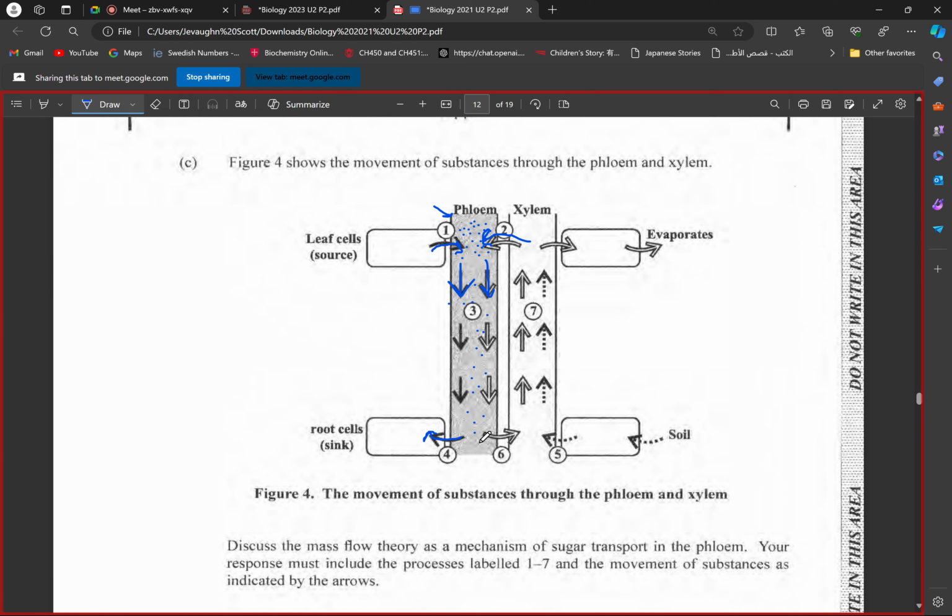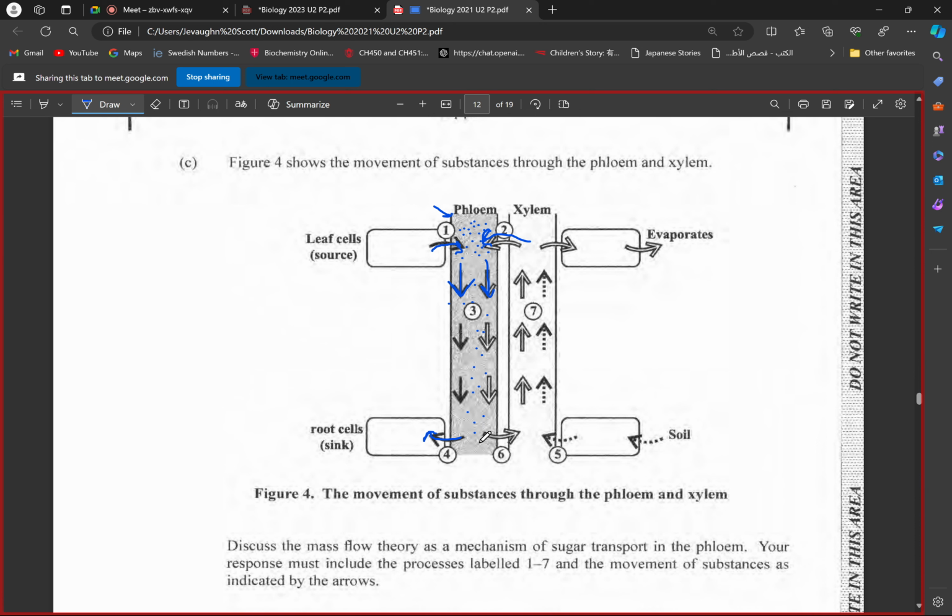And that's down the gradient, as the water moves from a higher water potential to a lower water potential. Or in this case, we're moving from a higher solute concentration to a lower solute concentration, and ions will continue to move up.